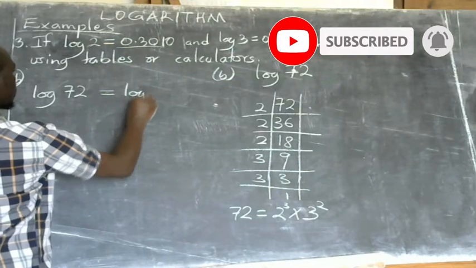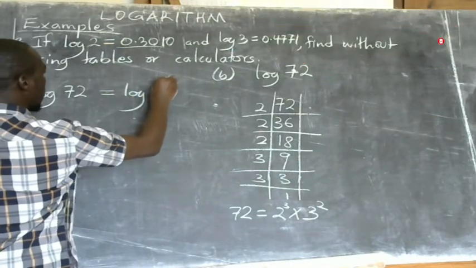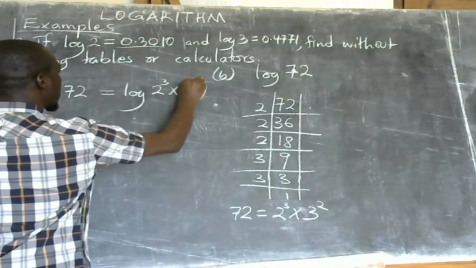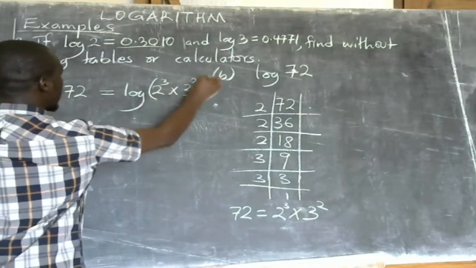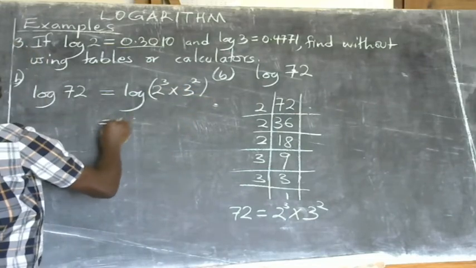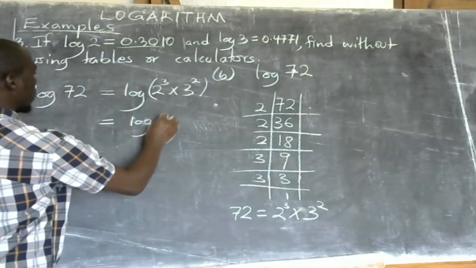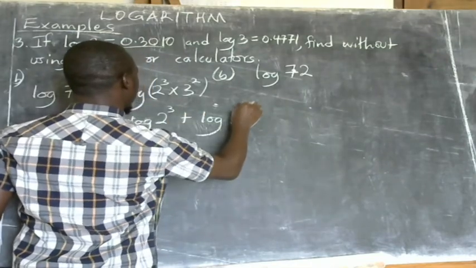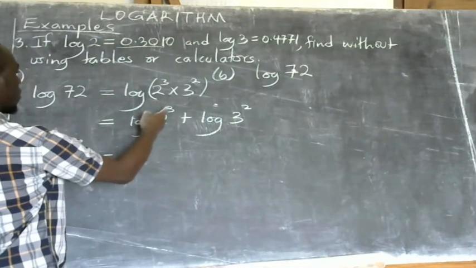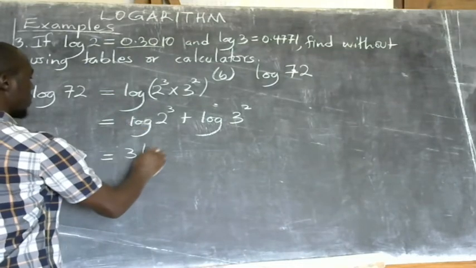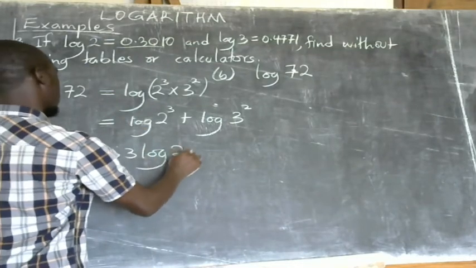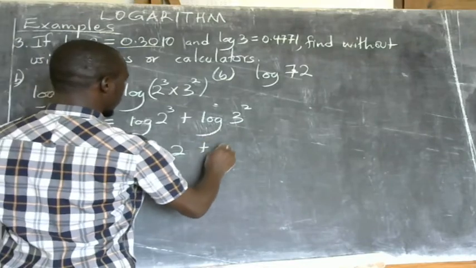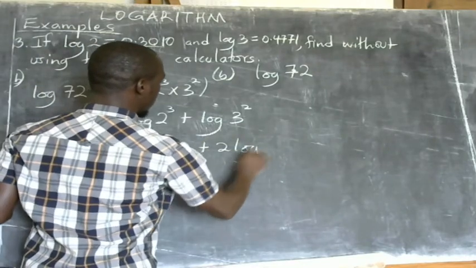Log of 2 power 3 times 3 power 2. I write them as separate logarithms. Log of 2 power 3 plus log of 3 squared. So the powers somersault: 3 log of 2, then plus 2 log of 3.